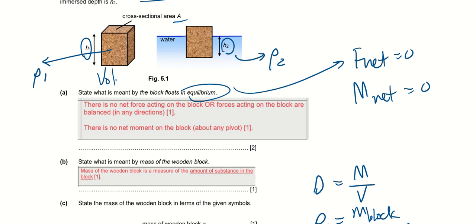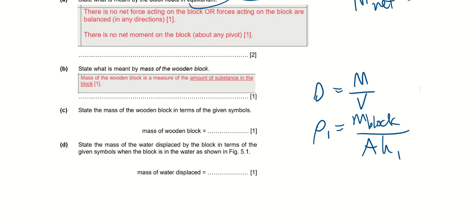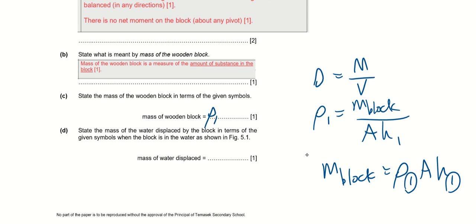Volume, we can use H1 multiplied by A. So therefore, mass of block is equal to rho 1 A H1. Take note to include all these values, these symbols, to show that they actually belong to the measurement of the block. Okay.